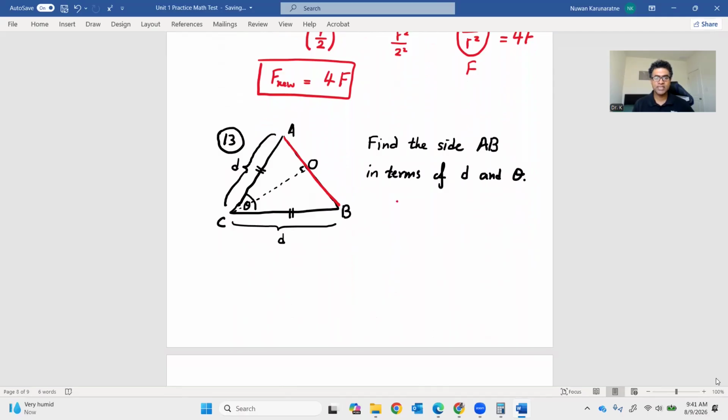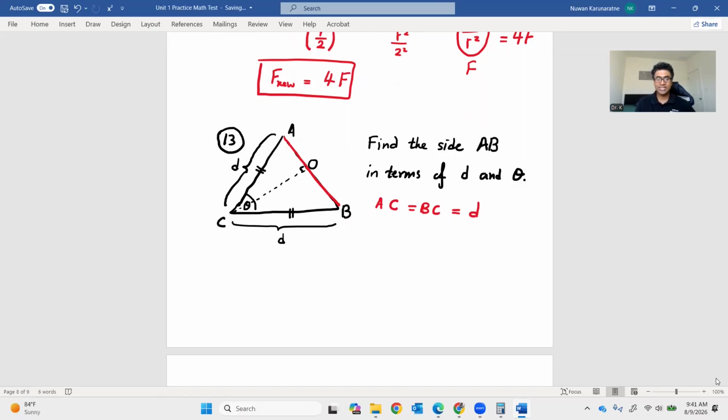So you can see AC is equal to BC, equals D. So it's an isosceles triangle. And then when you draw a perpendicular line from C to AB, it intersects AB at point O, and you are going to get these identical right angle triangles.